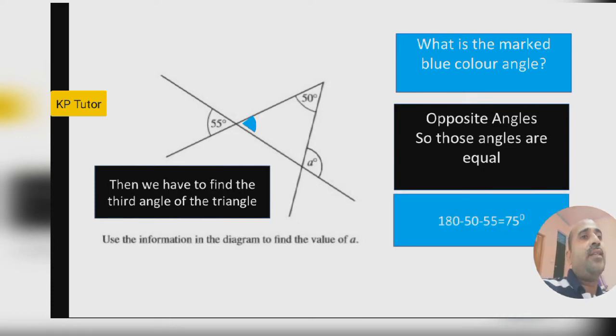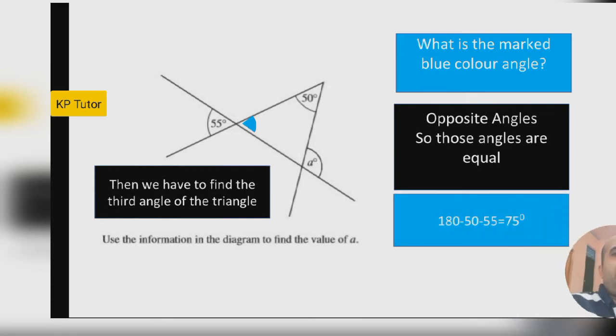Then you have to find the third angle. In a triangle, we know that the sum of interior angles is 180 degrees. So 180 minus 50 minus 55, answer is 75 degrees.